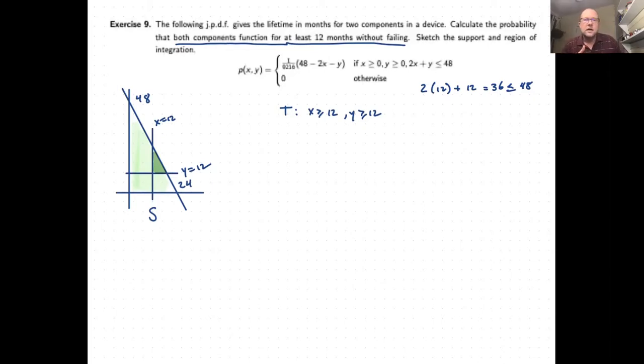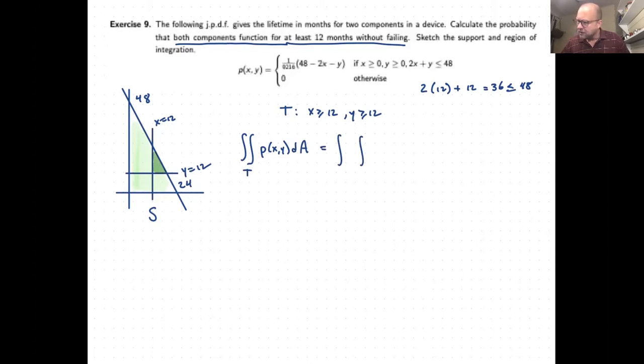So we are going to want to do our double integral over T of our P of XY dA. Okay. And so the setup on that, integral, and what was that P of XY?